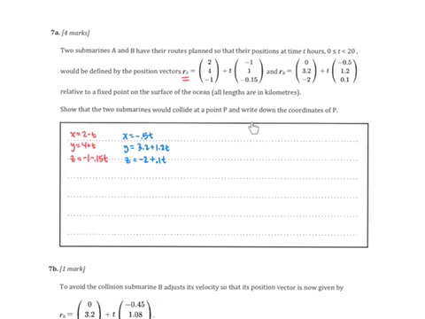So we want to show that the submarines would collide at a point P. Now, this is really nice that they give this word collide to us, because now I can consider t the same variable when we know that there's going to be collision. Otherwise, I might have to assign a lambda and a t or an s and a t, whatever that might be.